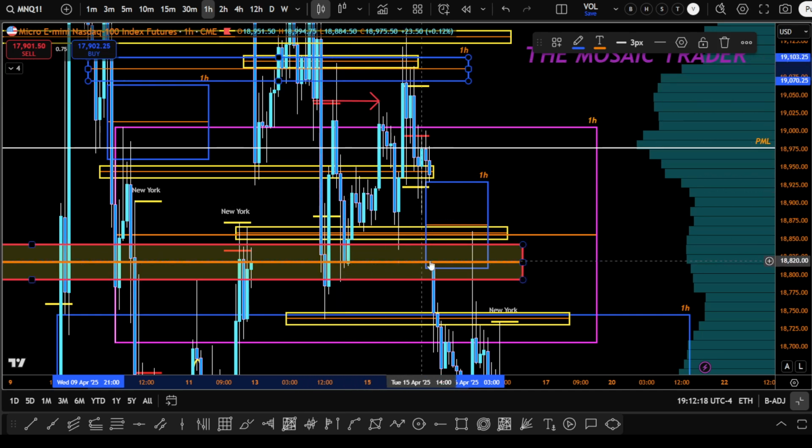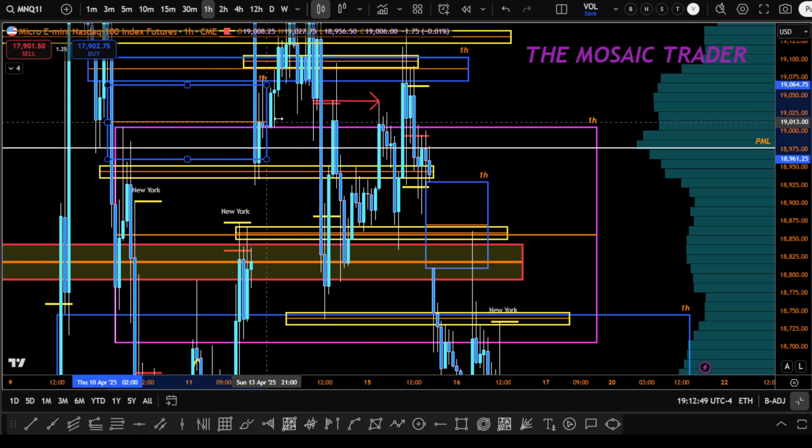Back down this time, this area here provided support, right to the bottom, and went to this node here, back down, bounce in between here, then back up to here to where? This point of control.